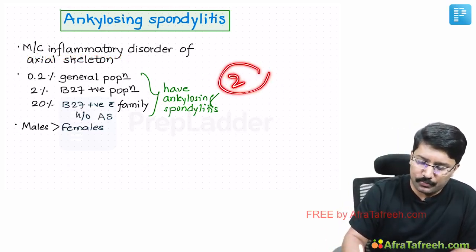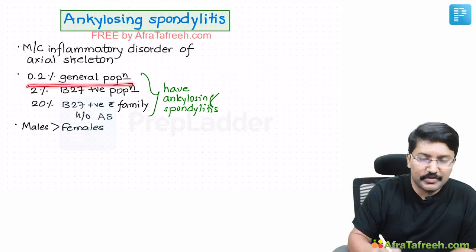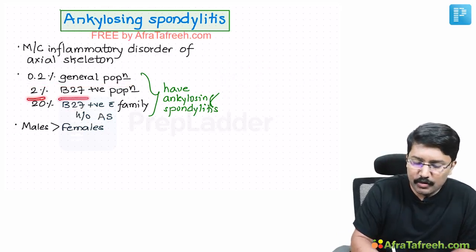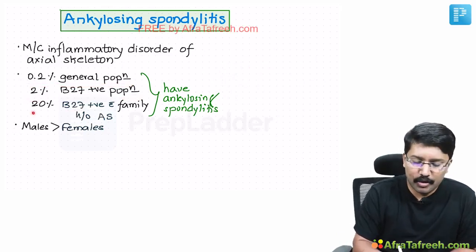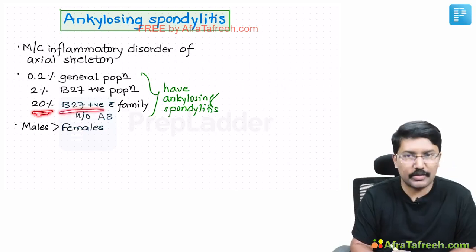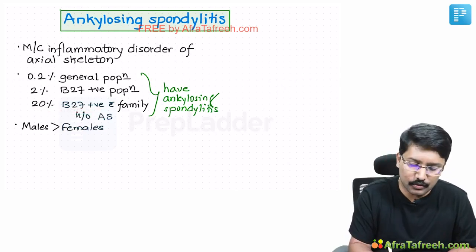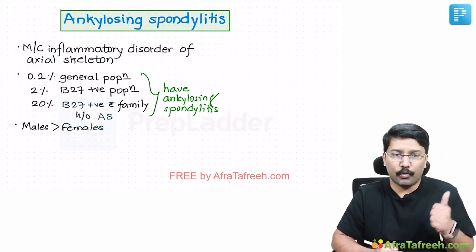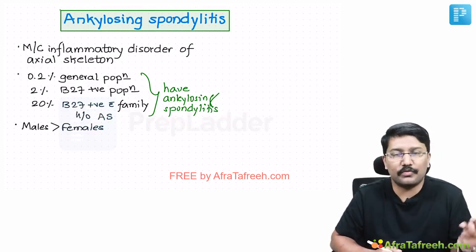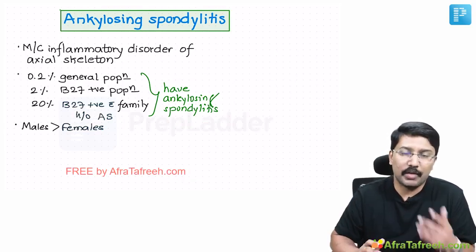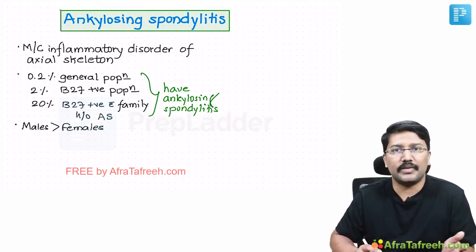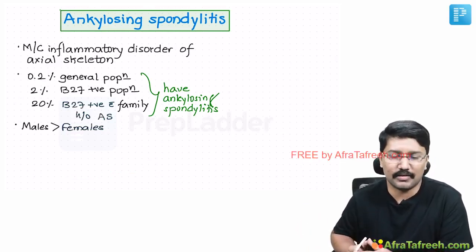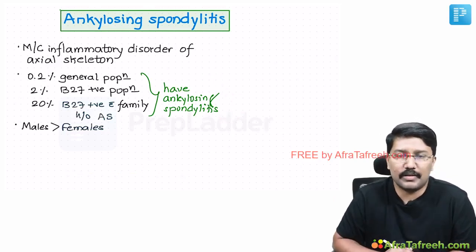What does it say? 0.2% of the general population, 2% of the HLA-B27 positive population, and 20% of those who are HLA-B27 positive and have a family member diagnosed with ankylosing spondylitis have ankylosing spondylitis. So this talks about the prevalence of the disease.